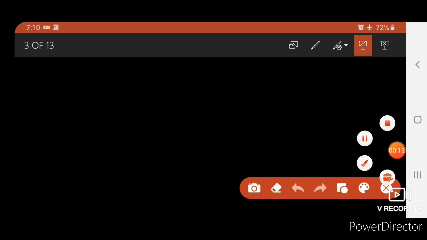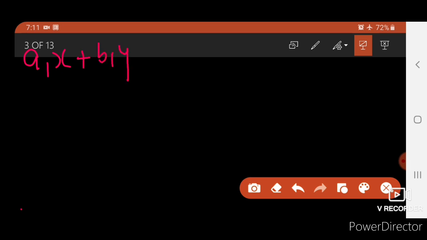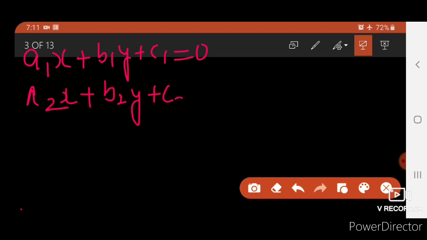Let the general form of a linear equation in two variables be a1x plus b1y plus c1 is equal to 0 and a2x plus b2y plus c2 is equal to 0. We get these equations by making the right hand side 0.